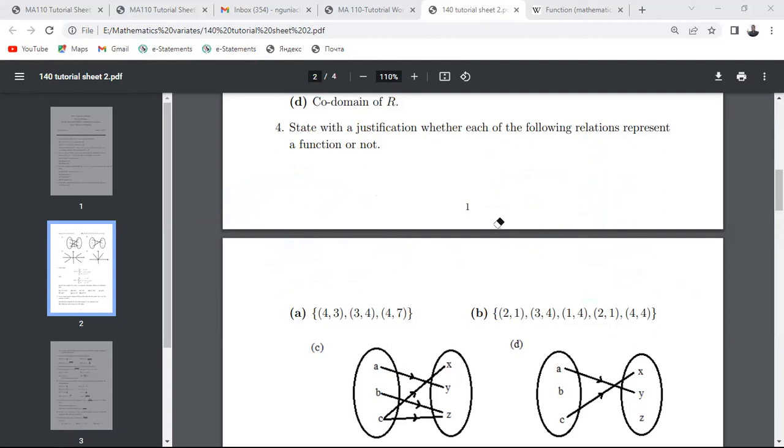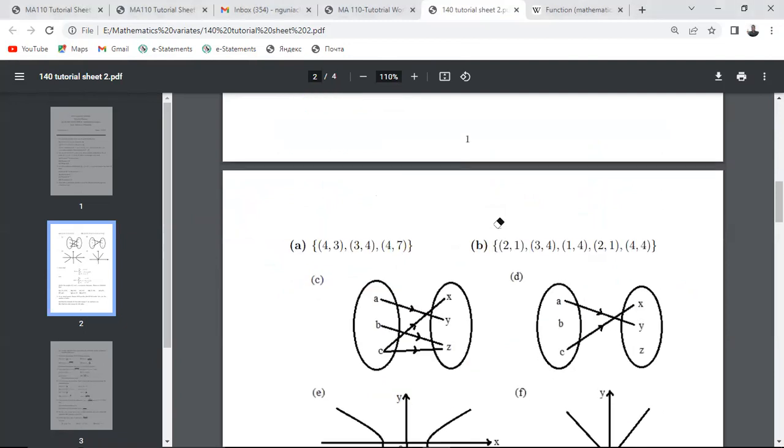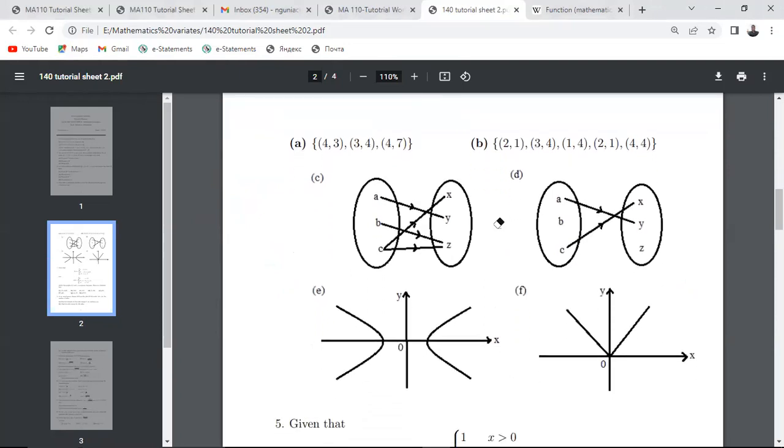So we'll be looking at the x coordinate. Our interest will not be on the range, but on the domain. So we'll be stating the domain. We'll begin with the first one. If we are to state the domain of the first one, which is this one, the domain of this guy is 4. We have 4 here. Then we have 3.